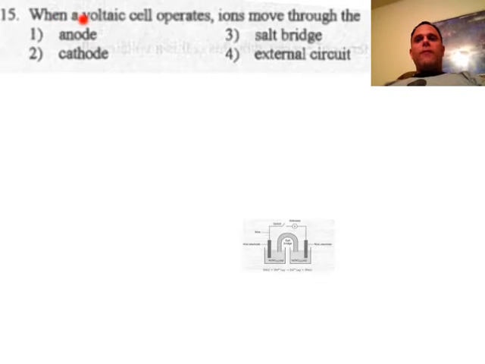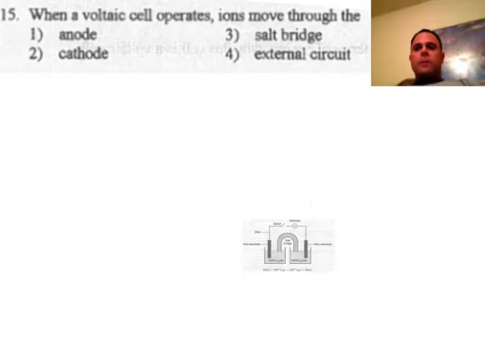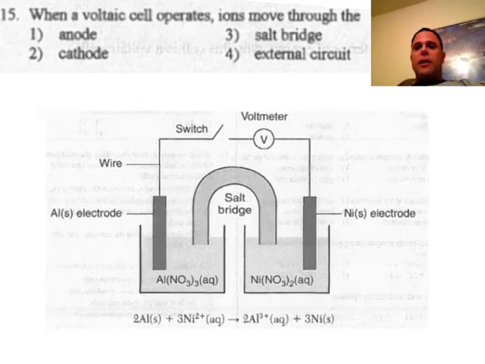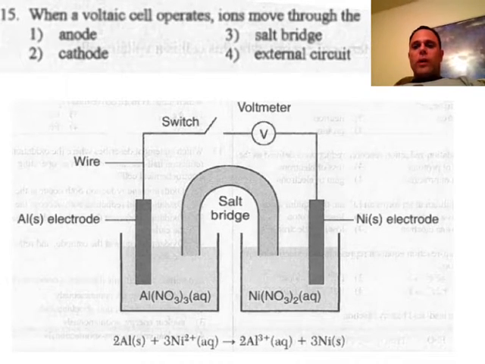15. When a voltaic cell operates, the ions move through the... let's take a look at this picture again. Where we have electrons traveling through the wire, we have ions traveling through the salt bridge.